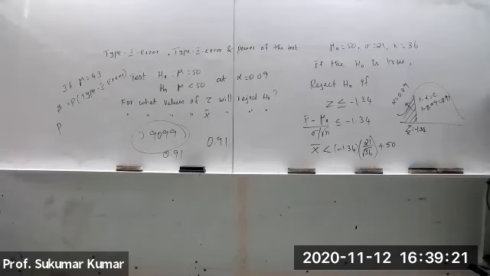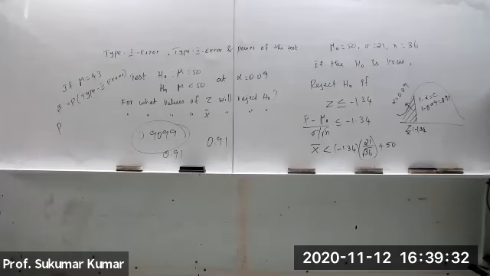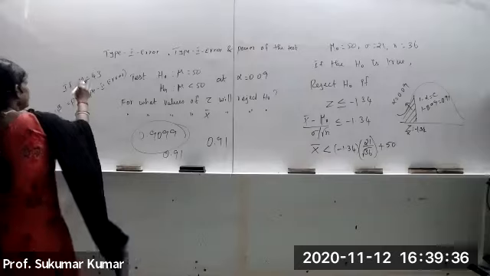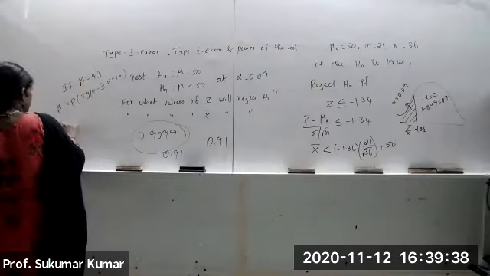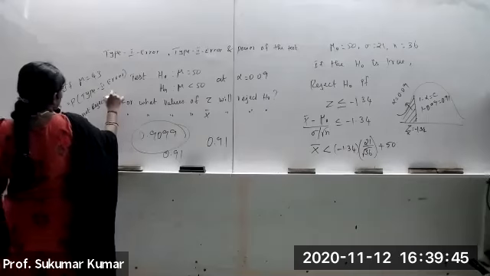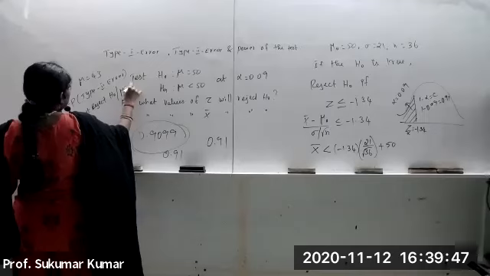Type 2 error is given H naught is false, we do not reject H naught. So here the given condition is mu equal to 43: do not reject H naught given mu equal to 43.